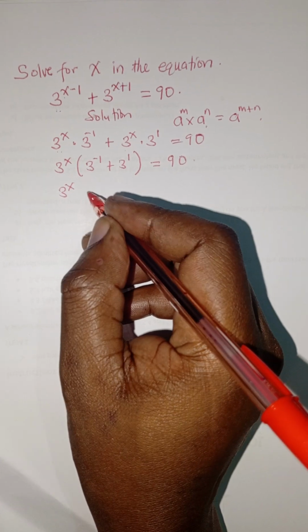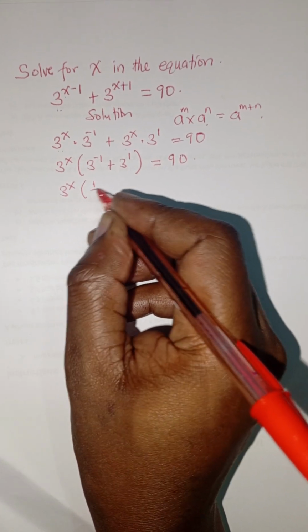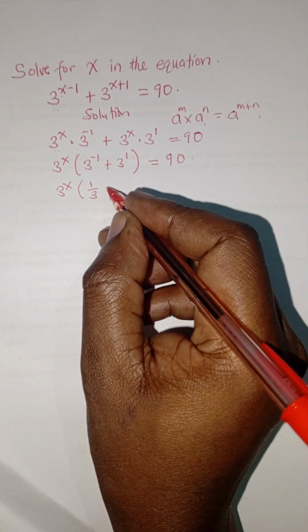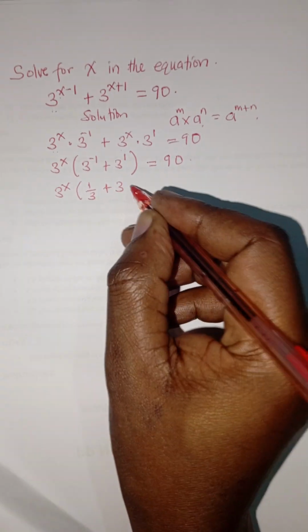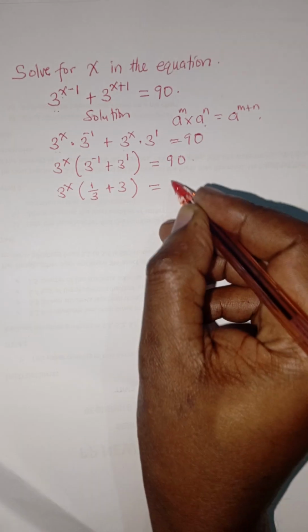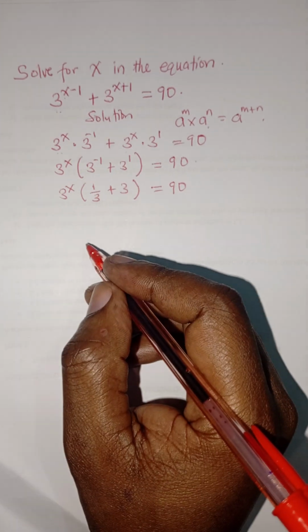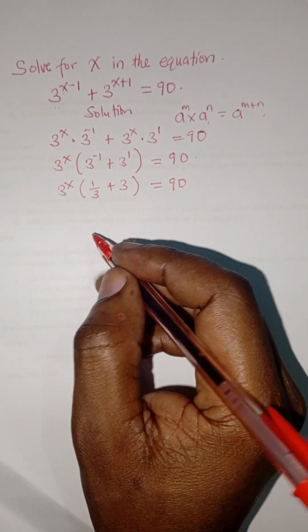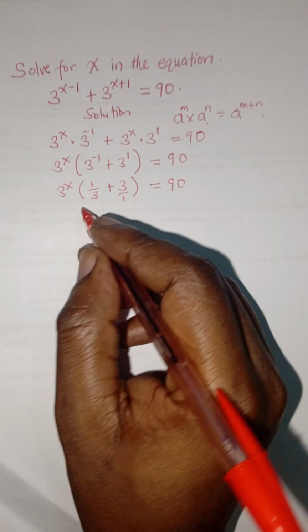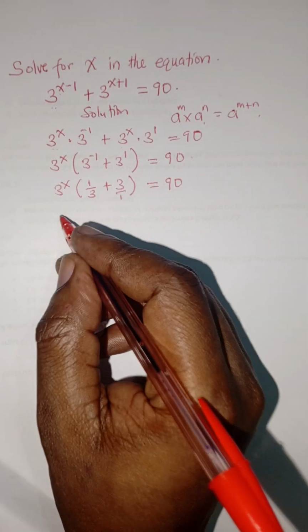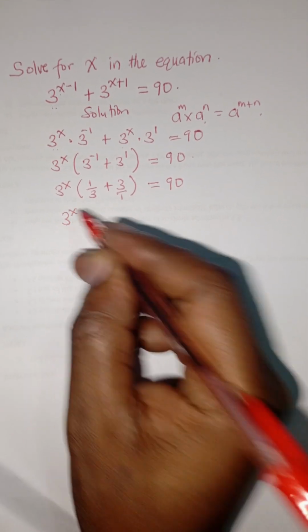So 3 to power x, and 3 to power negative 1 is the same as 1 over 3, plus 3 to power 1, which is the same as 3, is equal to 90. What is in the bracket is in fraction form, so adding fractions can be very simple now.